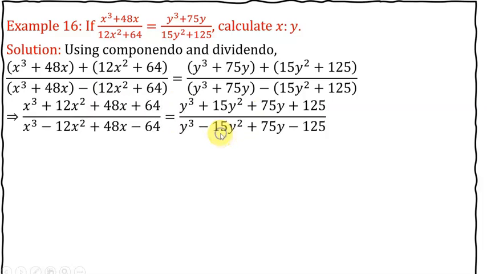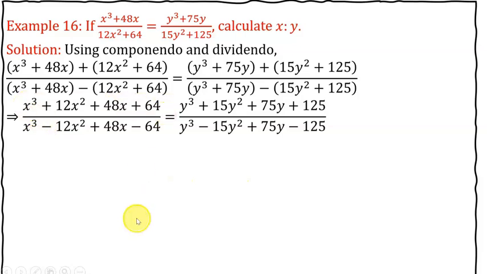Okay. Then after simplification, opening the bracket, you will get (x cube plus 12x square plus 48x plus 64) upon (x cube minus 12x square plus 48x minus 64), and that equals (y cube plus 15y square plus 75y plus 125) upon (y cube minus 15y square plus 75y minus 125).